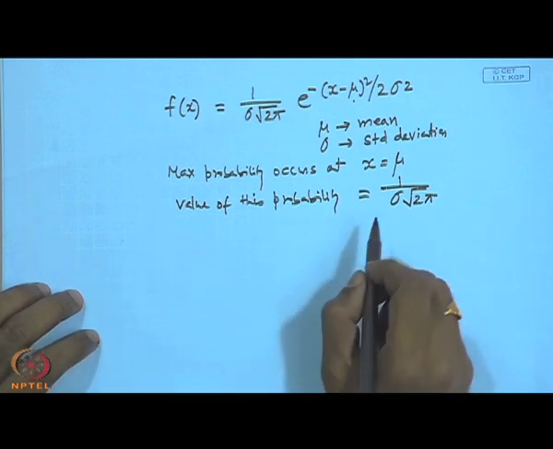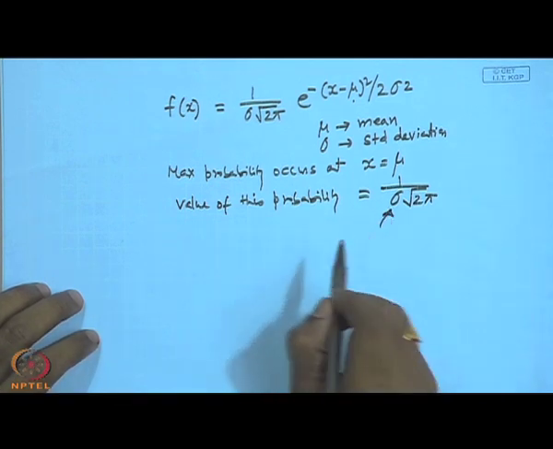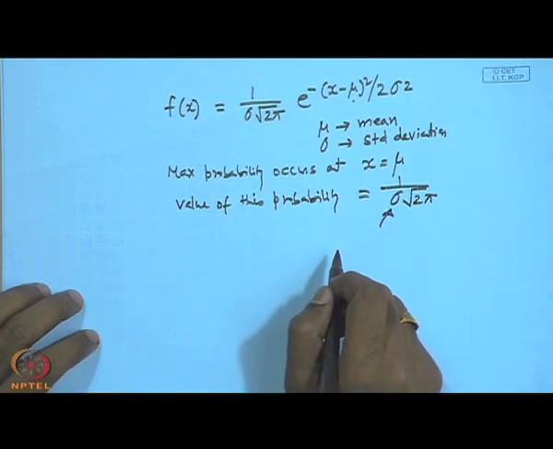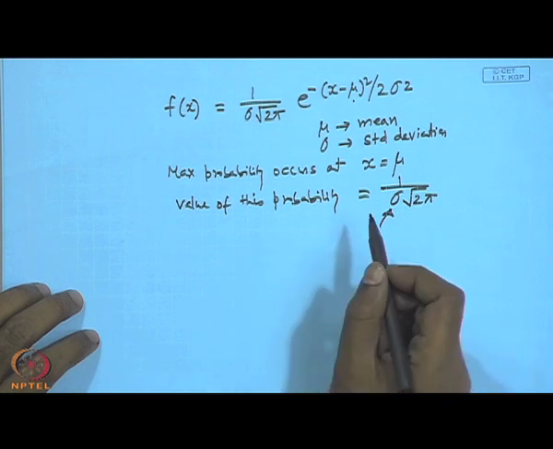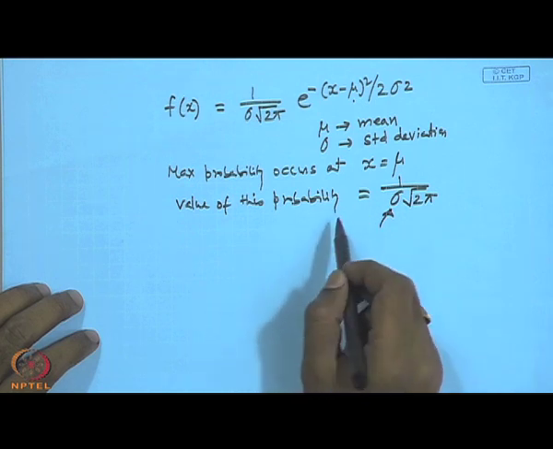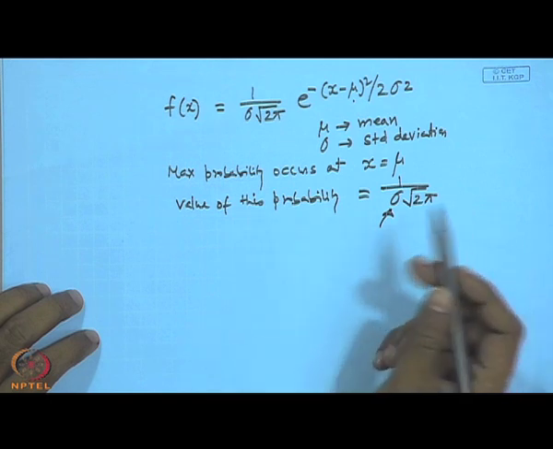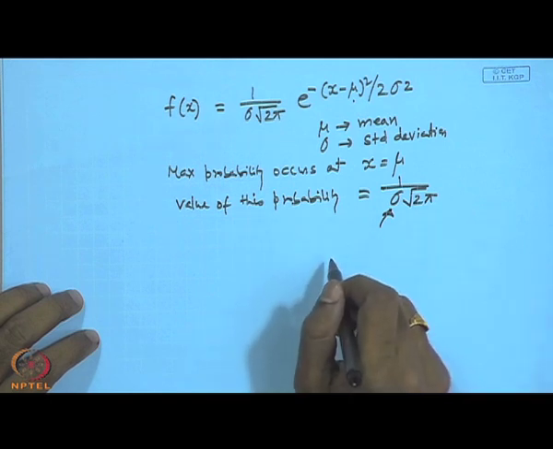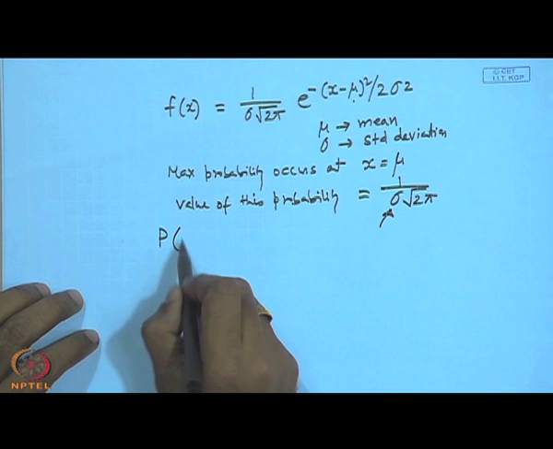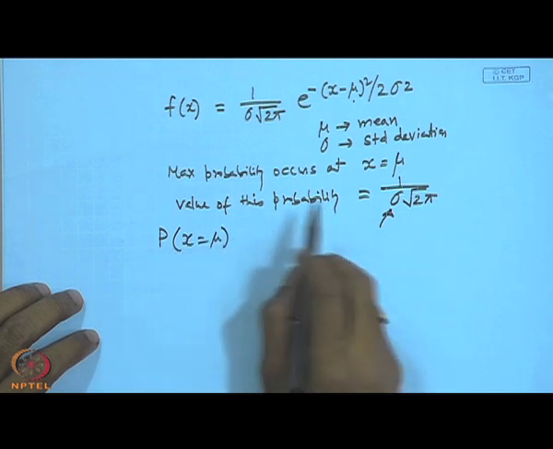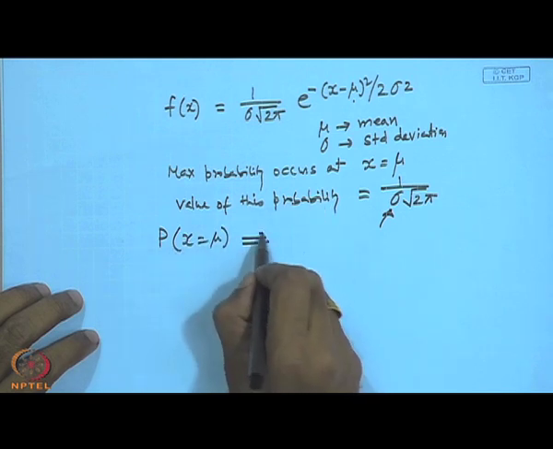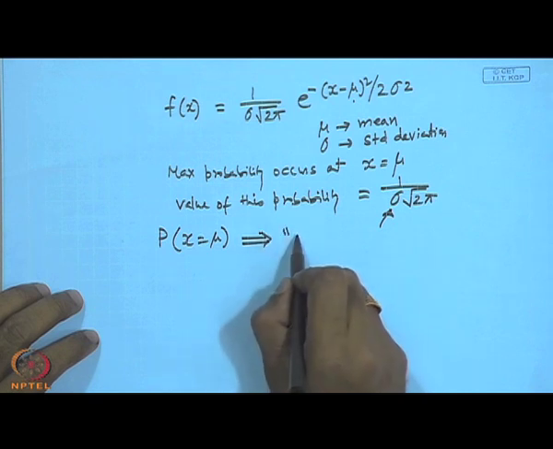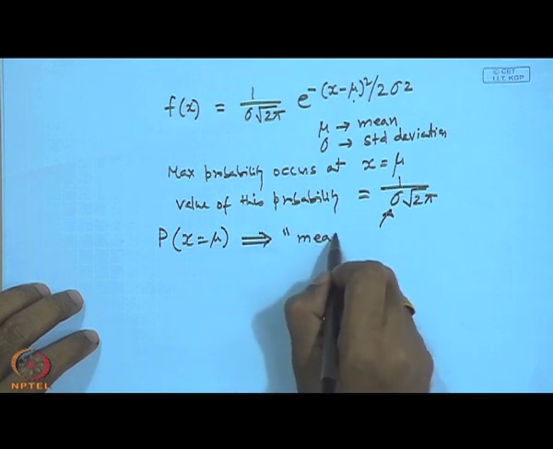So, a smaller value of sigma will produce larger values of this probability, and this is expected intuitively also. So, the probability at x equal to mu is sometimes called the measure of precision of the data.